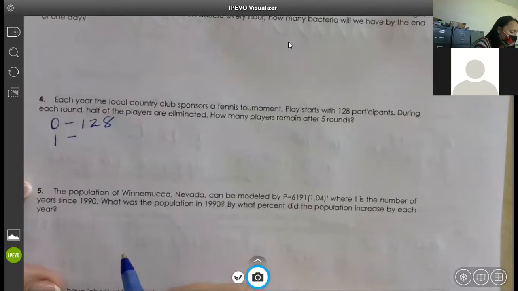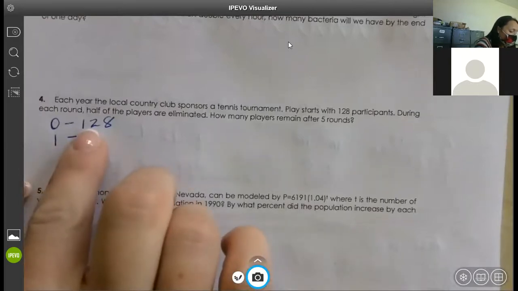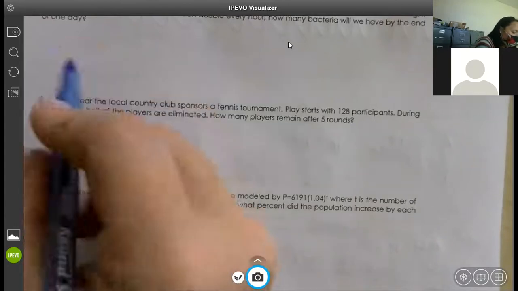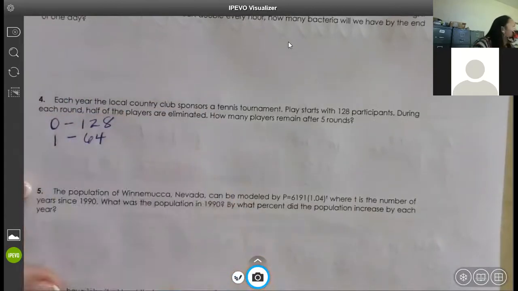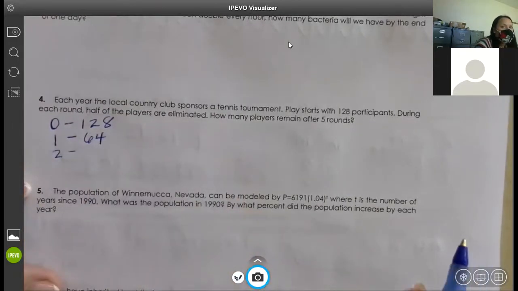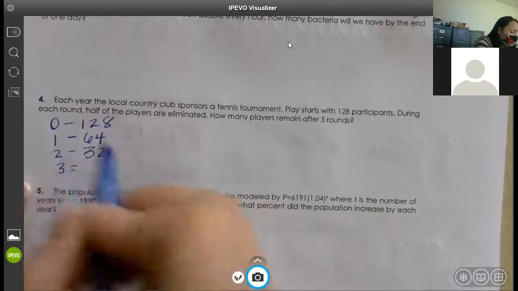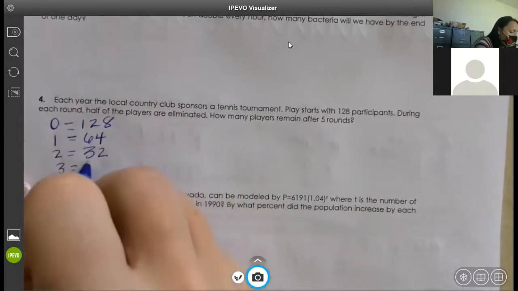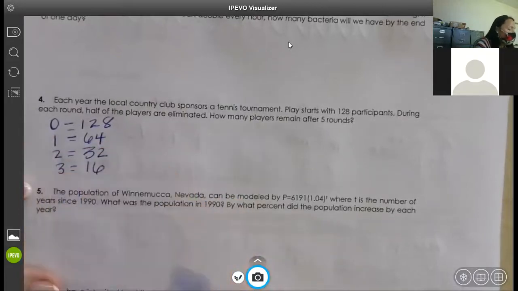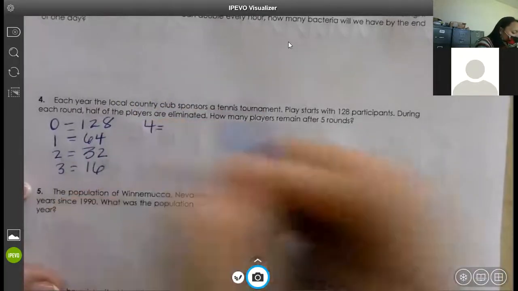What's half of 128? What's half of 12? What's half of 8? At round 2, how many are left? After round 2, 32 are left. After round 3, I'm gonna go ahead and tell you, 16. After round 4, half of 16 is 8.